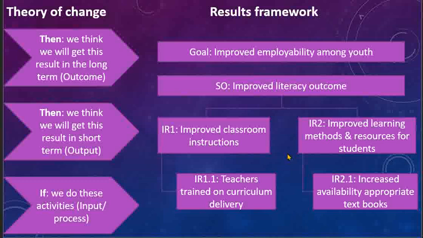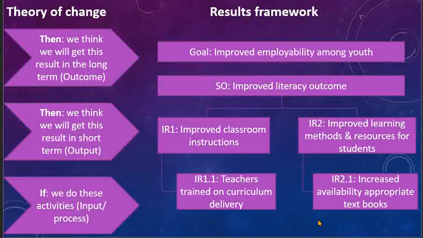When we increase teachers trained on curriculum delivery, this is a result. We are going to have improved classroom instruction, which will lead to improved literacy outcome, which will, again, lead to the biggest goal that we want to achieve, improved employability among youth.